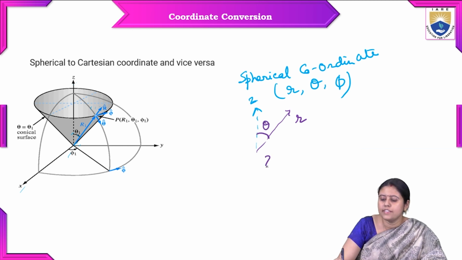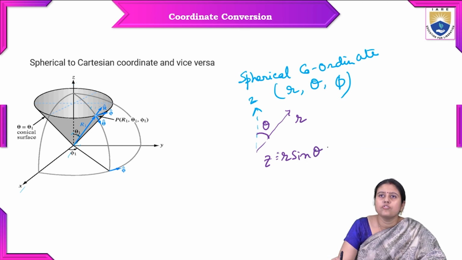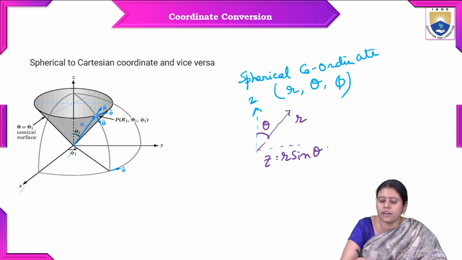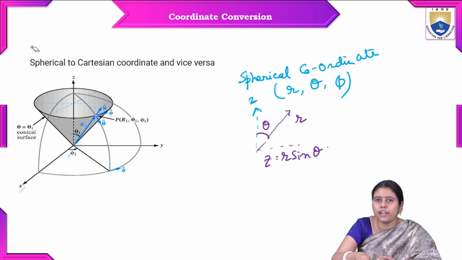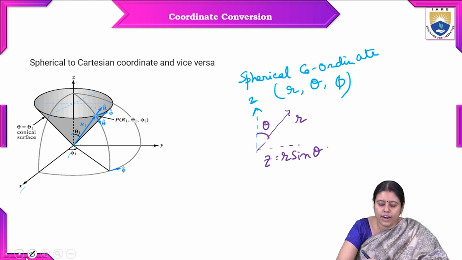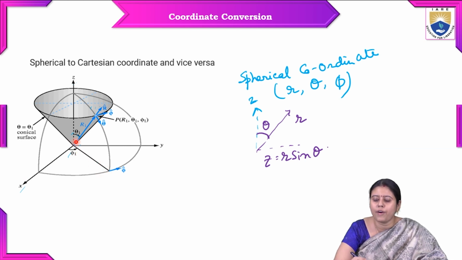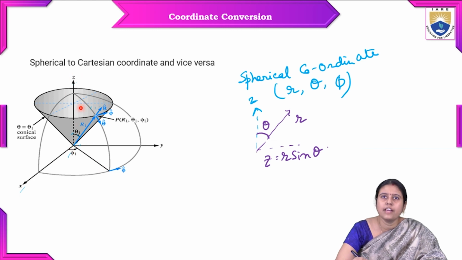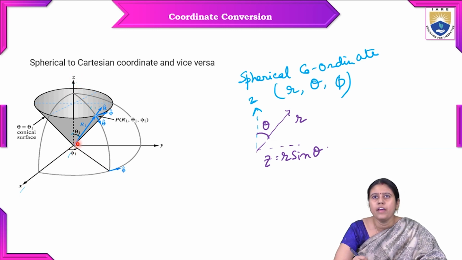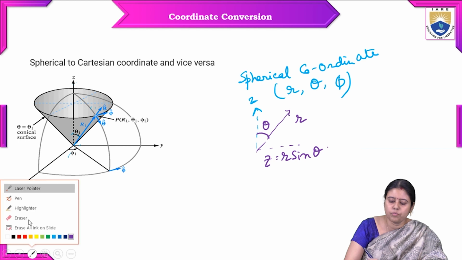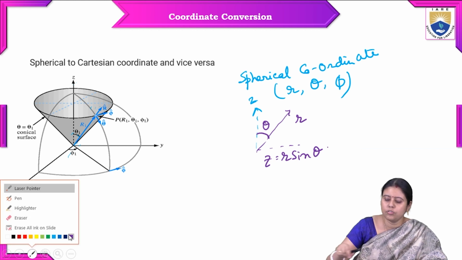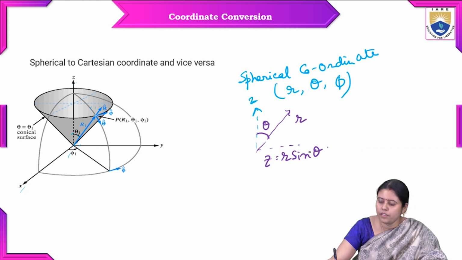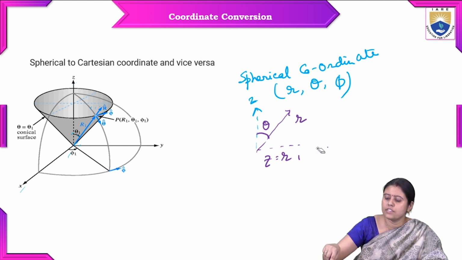Z is nothing but r sin theta. Then we get another perpendicular axis from here to here. What is the value of the perpendicular axis? Sorry, I made one small mistake: z is equal to r cos theta.